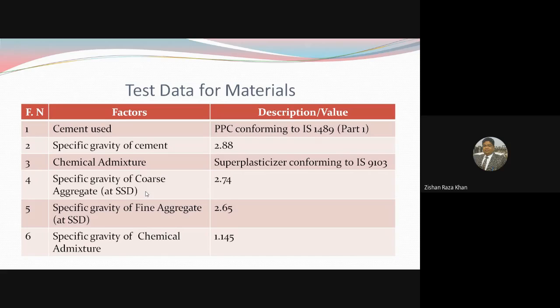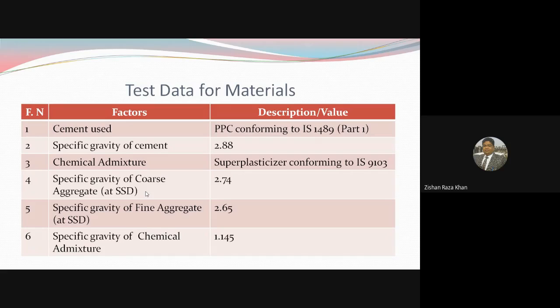When you mix such aggregate, which has entrapped water between its particles, the water cement ratio is disturbed, and the actual water present in the mix is quite higher than the design value.